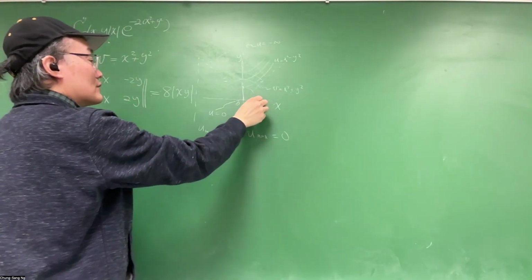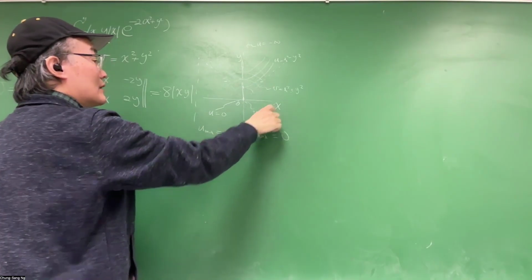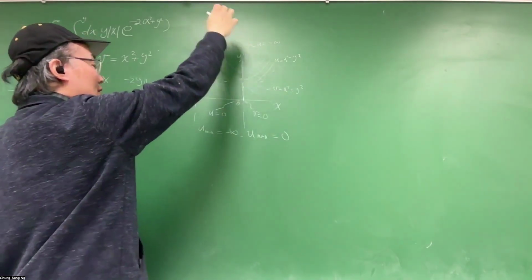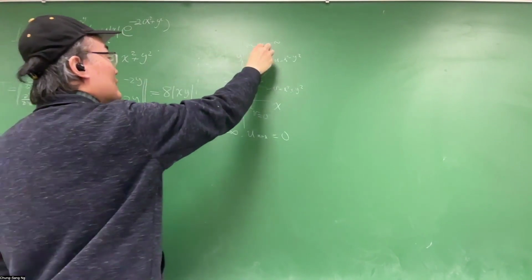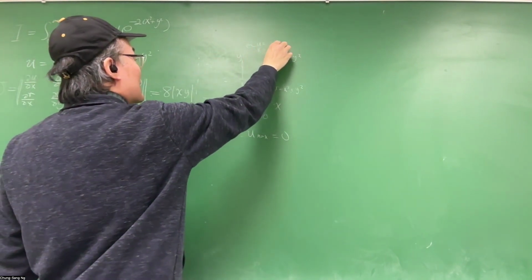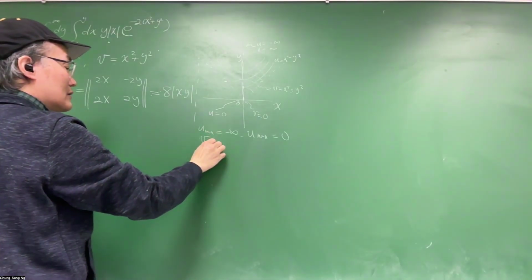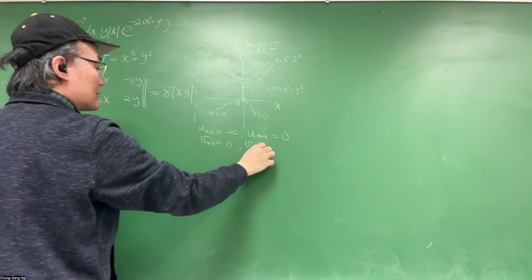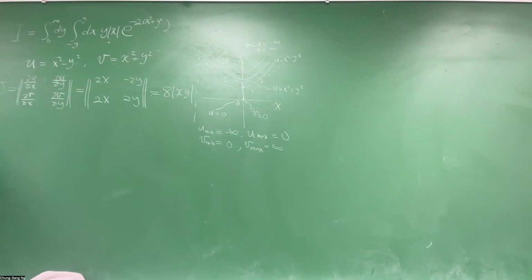And obviously also at the origin v is 0. At infinity, all these circles move up, and it's all positive. So v goes to infinity. So v min is 0, v max is infinity. Okay.